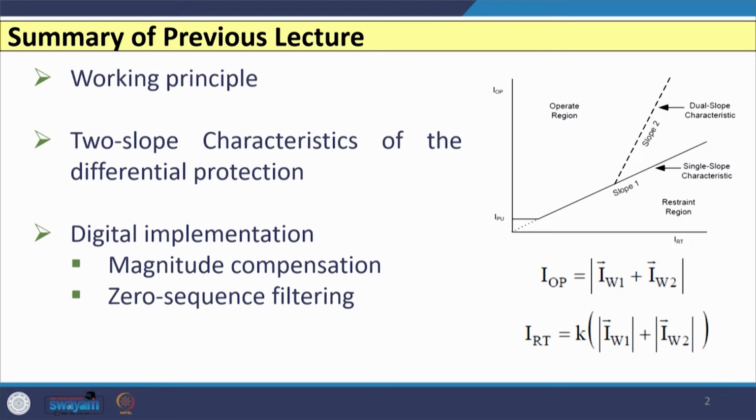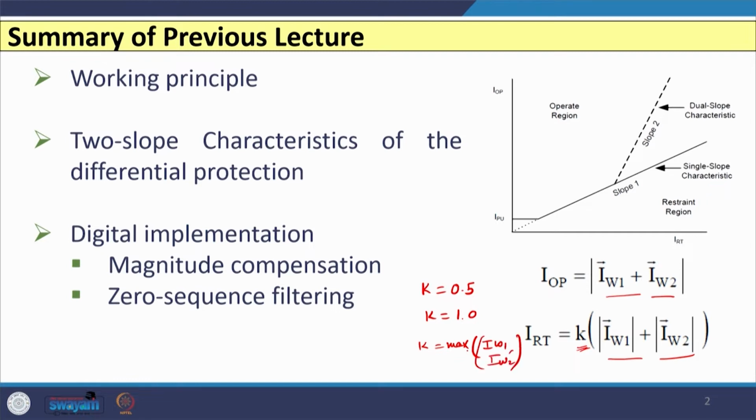we use two slope characteristic, then the operating current is obtained by the vectorial addition of two CT secondary currents fed to the differential relay, and the restraining current is obtained by scalar addition of two CT secondary currents, multiplied with some compensation factor k, which is normally considered as either k equal to 0.5, or k equal to 1.0, or k as max of Iw1 and Iw2.